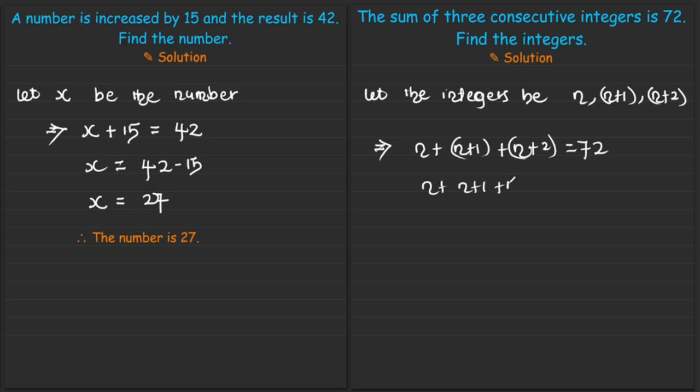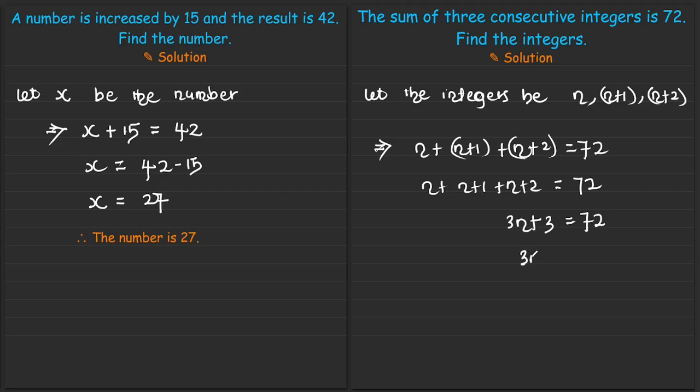You know, there is just 1 in front of the brackets, so it is just going to open as simple as you see. So we have n plus n, which will then give us a 3n. So we have 3n, then plus for the numbers, we have 3 being equal to 72.